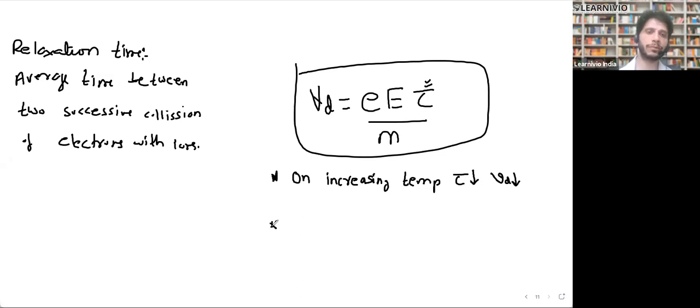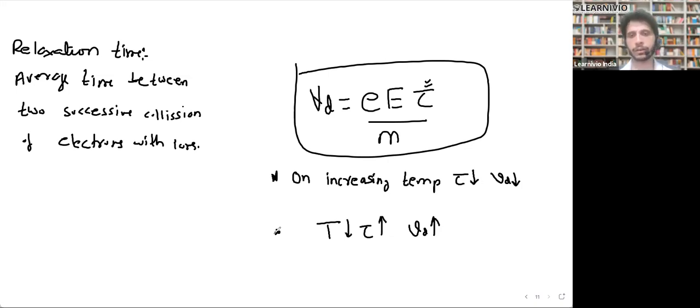If you decrease temperature, it's the reverse. Relaxation time will increase and drift velocity will increase. Remember this, it's an important one-mark question.